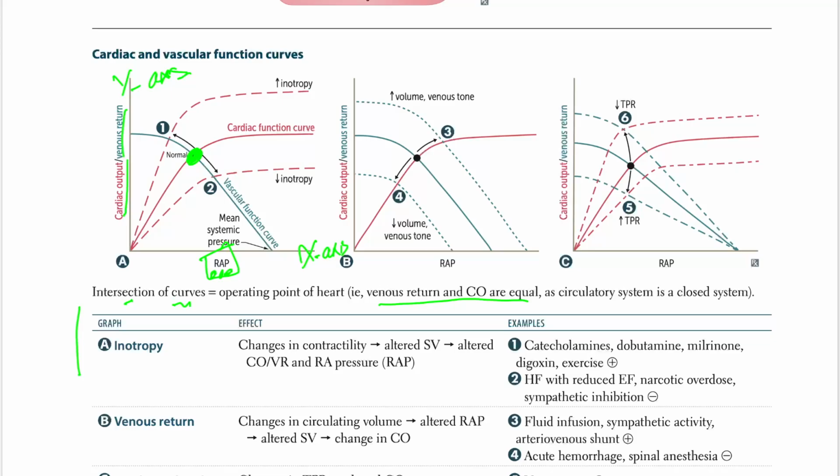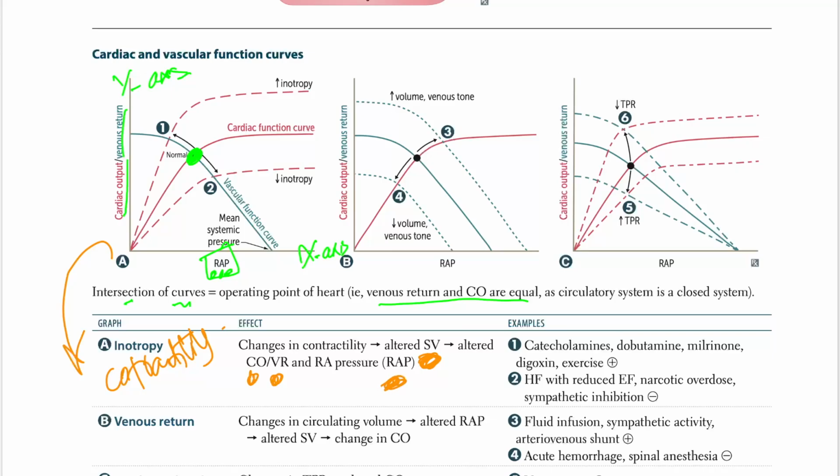Okay, so let's look at what is going on in the first picture: inotropy. What is inotropy? Inotropy is about contractility. Changes in contractility cause altered stroke volume, which leads to altered cardiac output, venous return, and right atrial pressure.